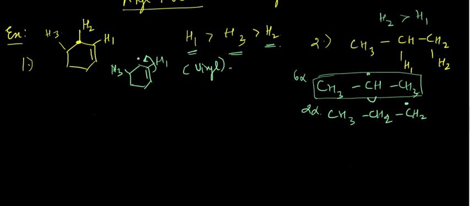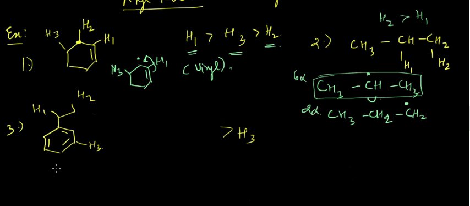Okay, let's look at this example. We have H1 here, H2 here, and H3 here. H3 would be the least stable. Why?